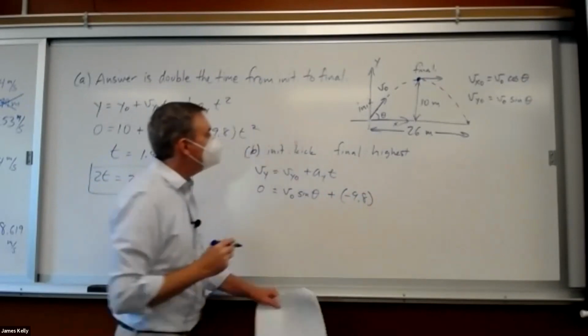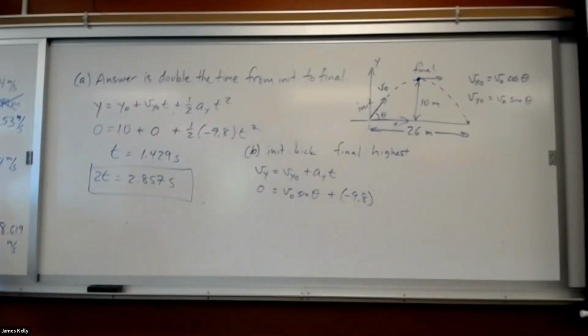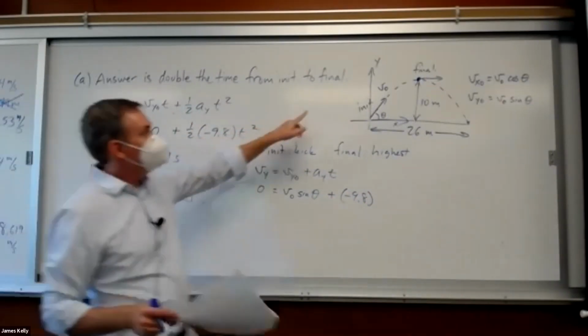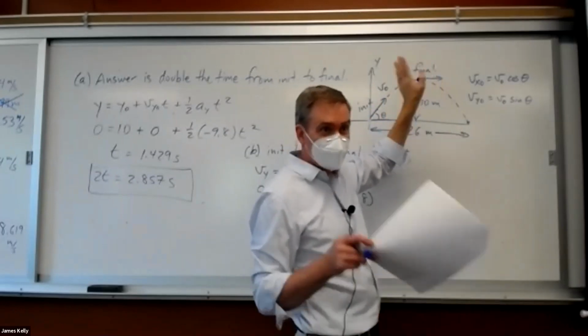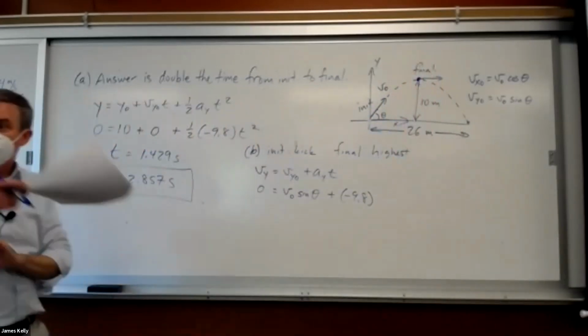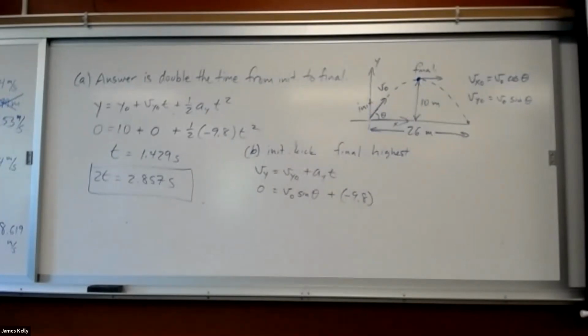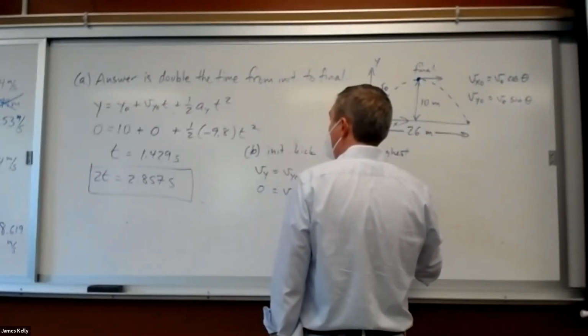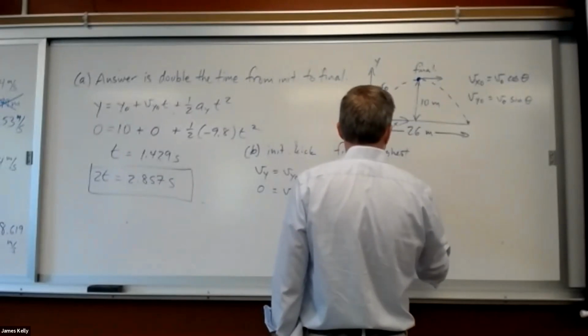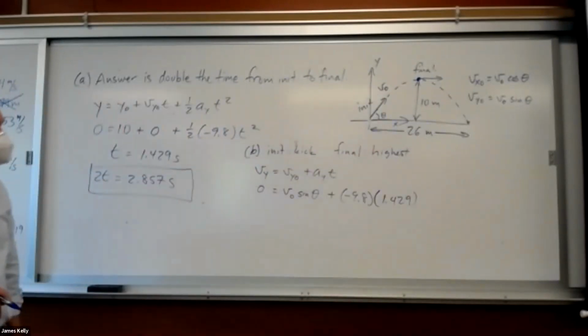And the t, what t do I want to use here? In between initial and final for what I've got it defined as there, is it 2? Yeah, it's the 1.429. That was the amount of time between here and here, which is the same as between there and there, because everything's symmetric for a parabola if we plot y as a function of t. So I already know that number, 1.429. You really got to keep your head sort of straight with this stuff.